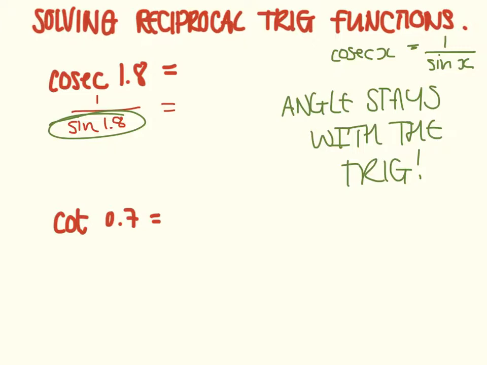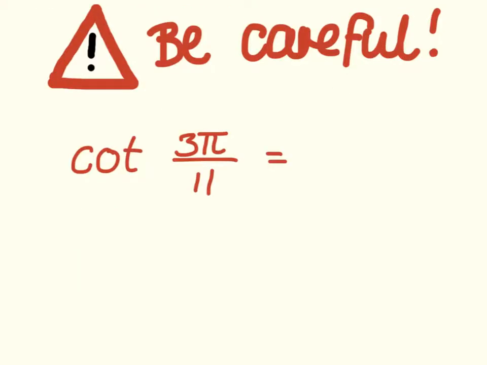So for cot of 0.7, cot is 1 over tan, so we're going to end up with 1 over tan of 0.7, and you could find a numerical value for that. So you do need to be really careful.